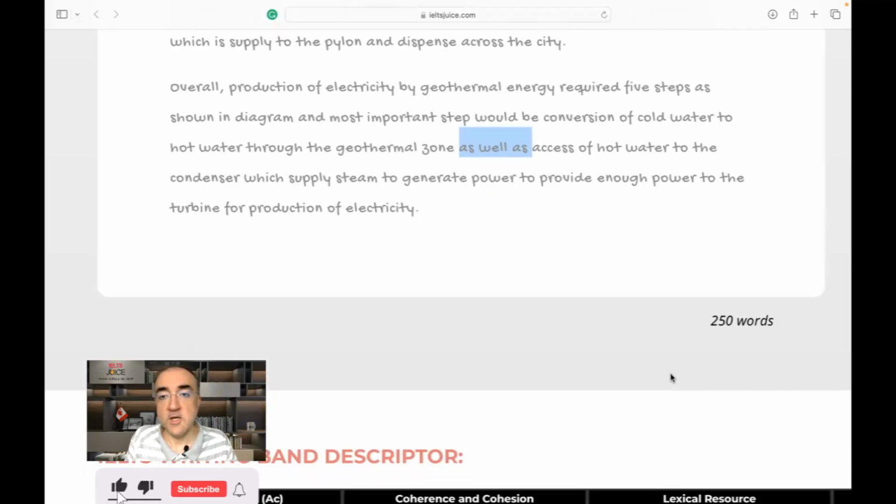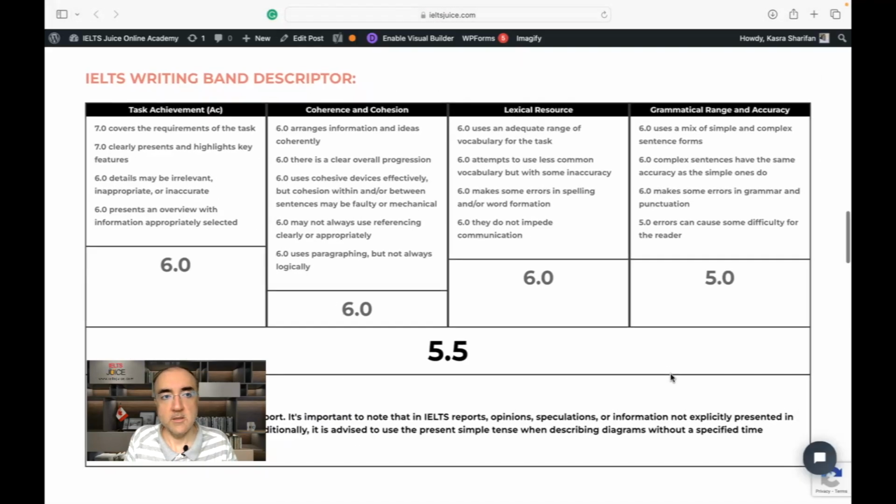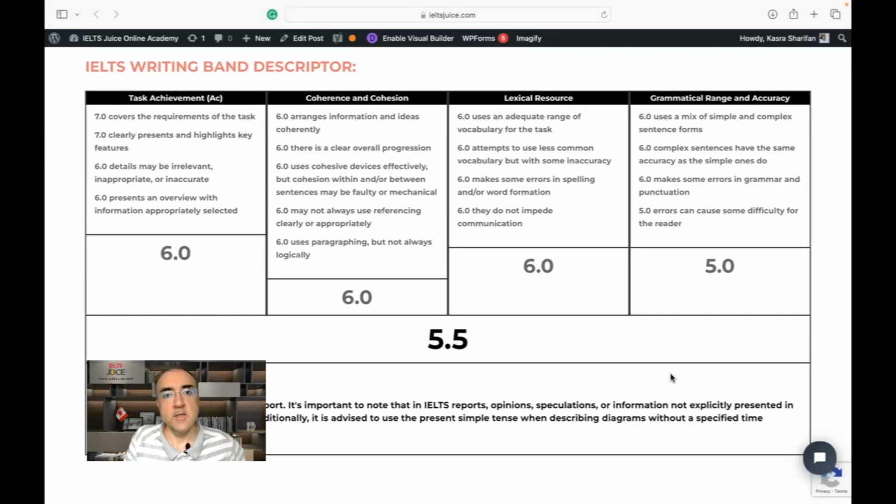250 nightmarish words for me, and you can already see, yes, the elements are covered and the key features are presented, but details are inaccurate and inappropriate, obviously. And the overview is just generally and appropriately selected, but it doesn't get any better than 6.